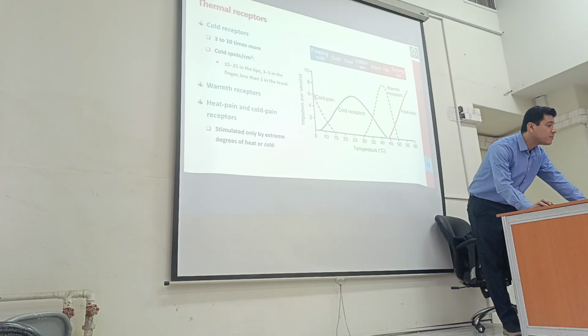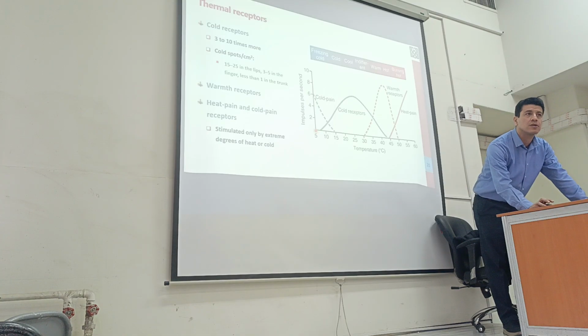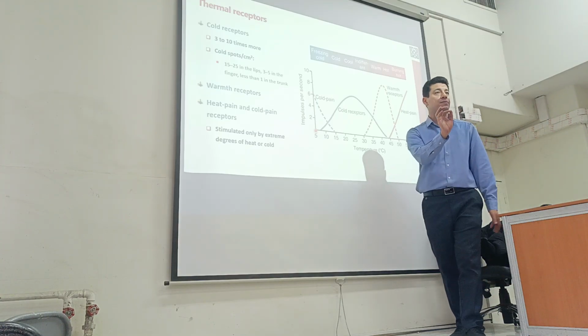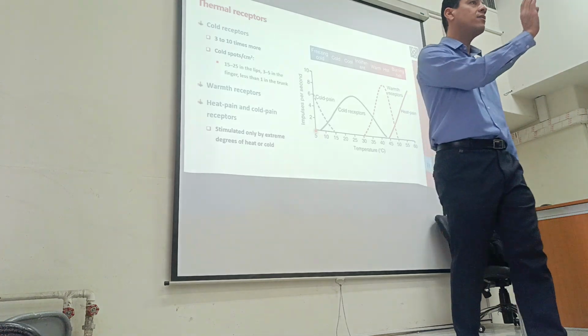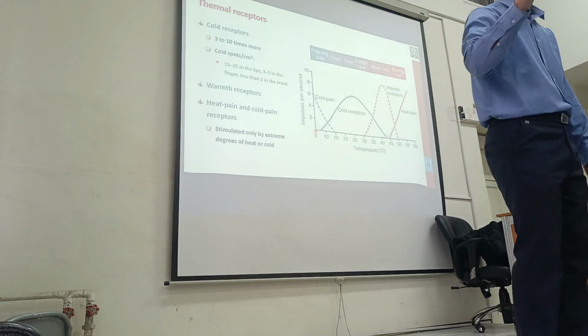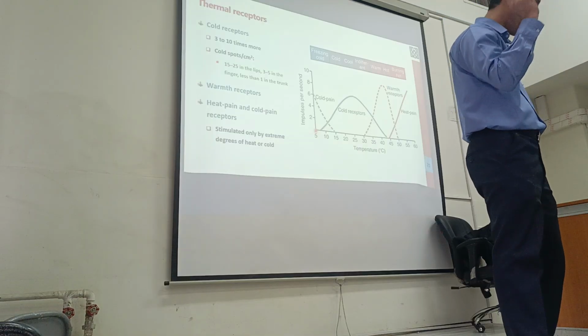So cold pain receptors transmit 6 action potentials per second at this temperature. Other receptors, cold, warm, and heat, send 0 action potentials, no action potential. So the only type of receptor that is active at 5 degrees Celsius is the cold pain receptor, right?